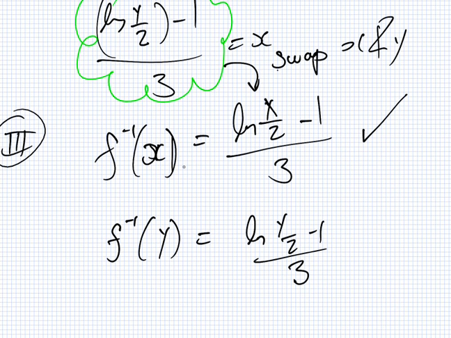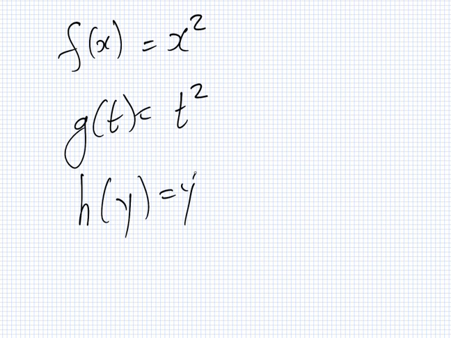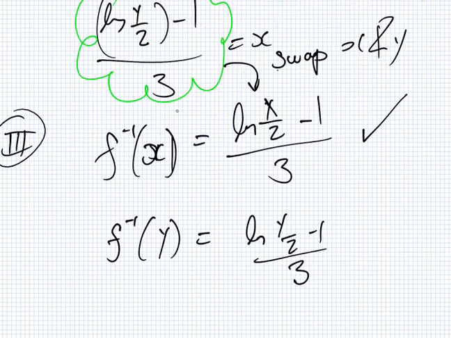So if you were going backwards, what would be the first thing you do? Divide by 2. Next, log it. Then minus 1. And the last thing you do is divide by 3. So that would be the inverse function.